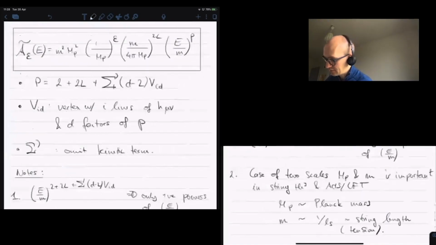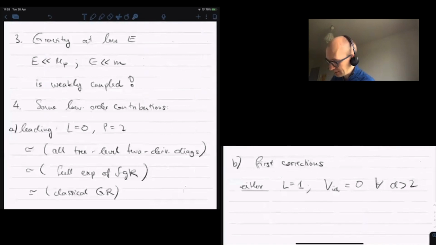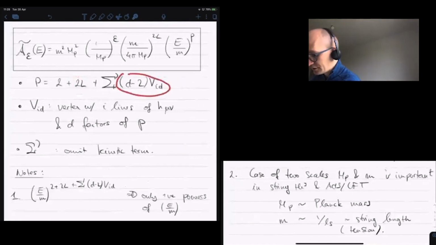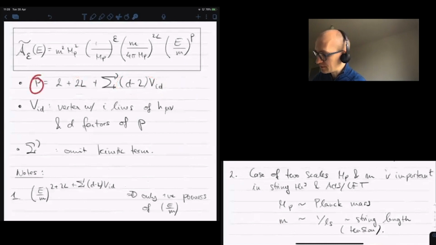Let's see, right? So we have this P, okay? So the leading order contribution was L is equal to 0, so that P is equal to 2. Okay, so that told us that we have no loop and we have only the Einstein-Hilbert vertices, because D is equal to 2 there. And that obviously is the smallest P that we can possibly get, and this is going to be the leading order in this expansion.